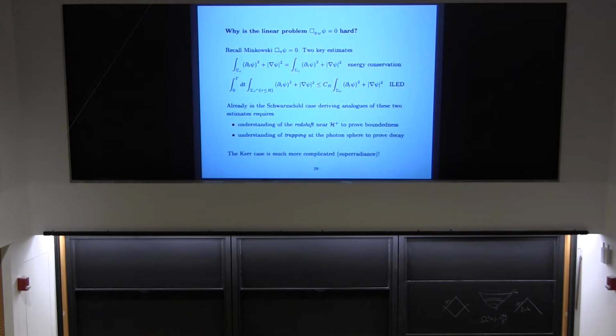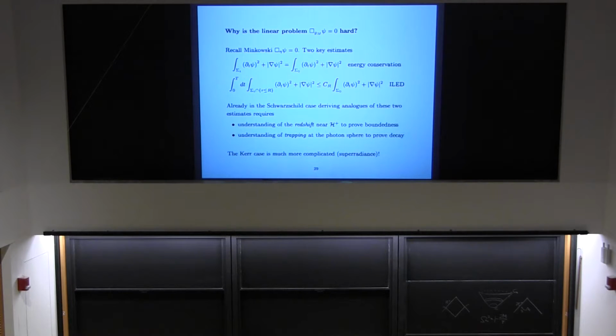So let me just give you a flavor of why that problem is difficult. The problem of establishing decay, even for the scalar wave equation, and let me restrict also to the Schwarzschild family. This excludes some of the difficulties of the Kerr geometry, but you get a good picture of what the main difficulties are. So for this, it's fruitful to go back to Minkowski space for a second.